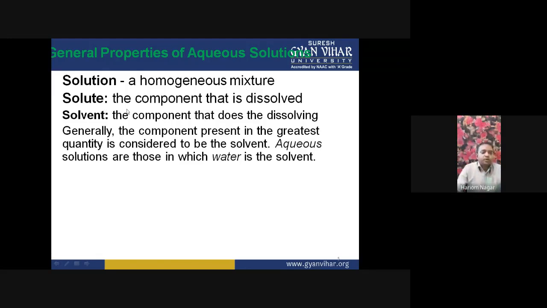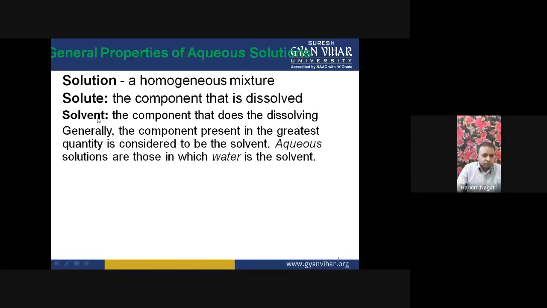And what is solute actually? The component that is dissolved in the solvent is called the solute. Suppose we have two components, solute and solvent, then which will be called solute and which solvent? The component which is in the lesser quantity is called the solute, and the component present in the greater quantity is called the solvent.